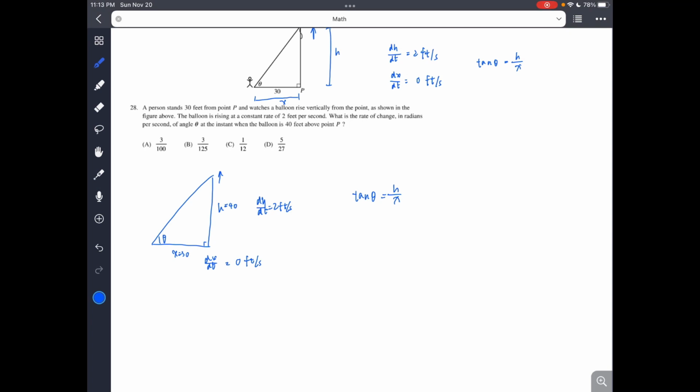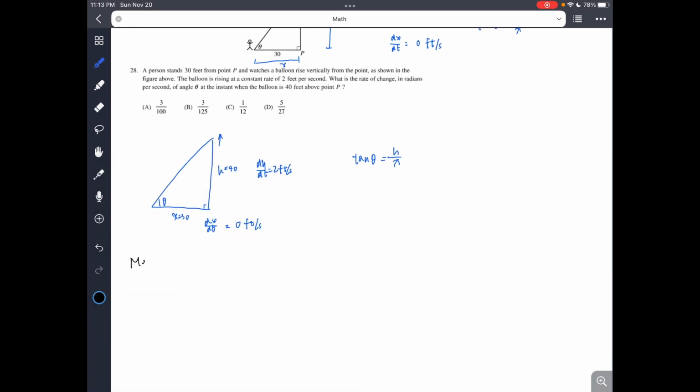For the first type, we can express theta as its own function of h and x and then differentiate it with respect to t, or we can use implicit differentiation and differentiate both sides. So both sides work. Let's try them out one by one.